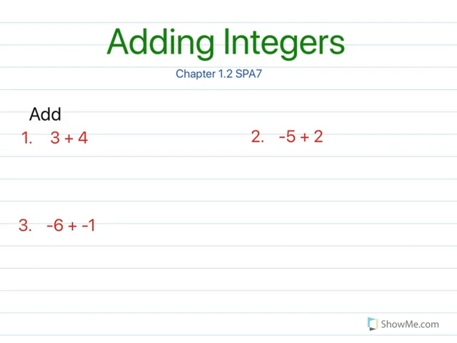So an integer is all whole numbers, every whole number you've ever learned about, and all of their opposites. We've talked about this before. A negative number would be like -6, because if I write it, it'd be written as -6.